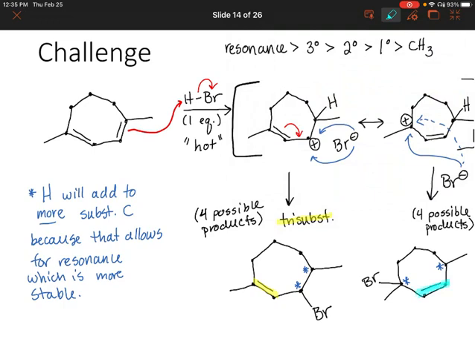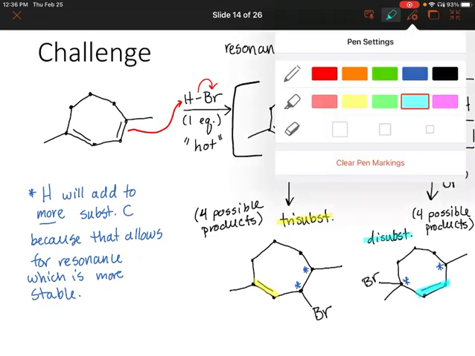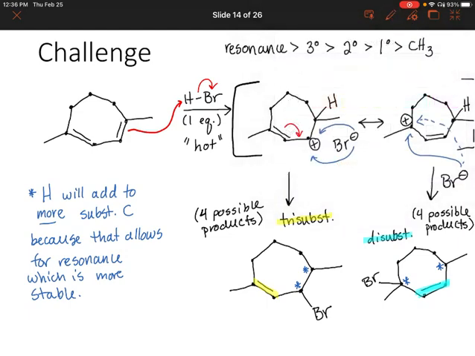Is that double bond mono, di, tri, or tetra substituted? It is di substituted. It only has two groups bonded to it. All right, so which one is more stable, the left product or the right product? The left one has a more stable alkene.